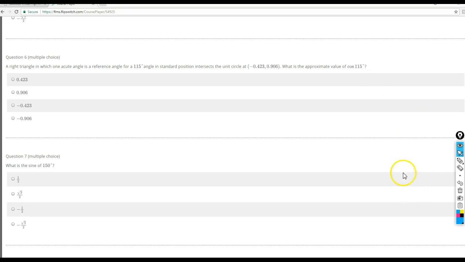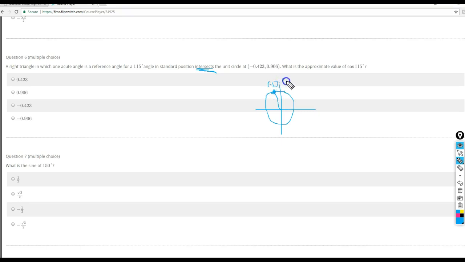Since we know that this intersects the unit circle, that means it's on that unit circle. So if you were to visualize the unit circle, 115 degrees is right here-ish. So that's what these coordinates are.